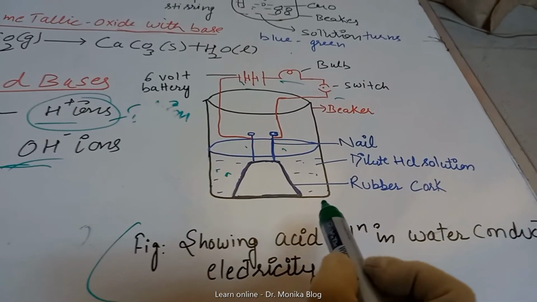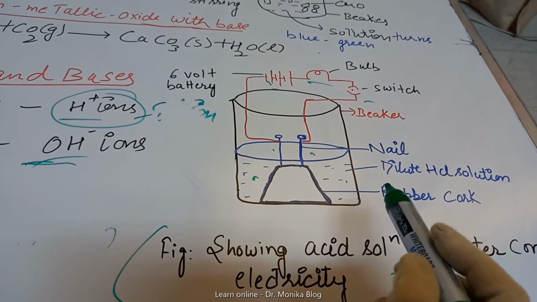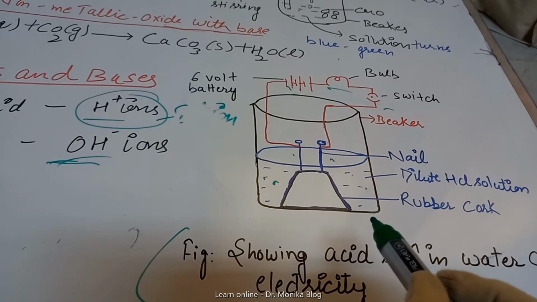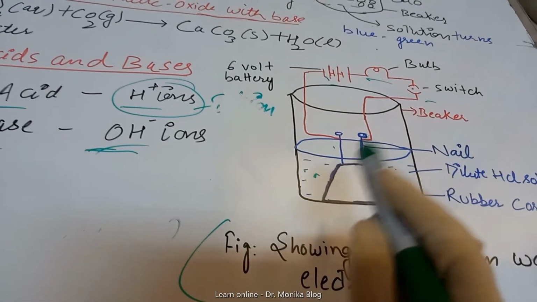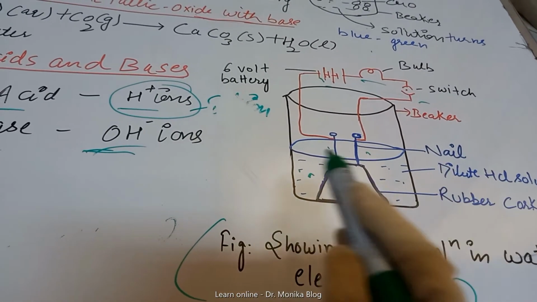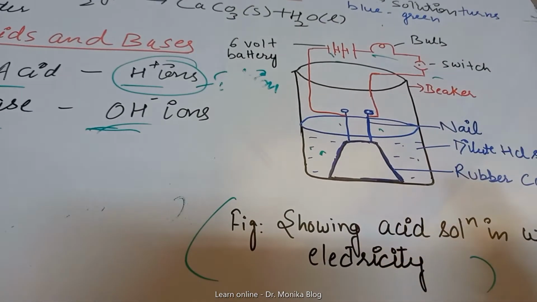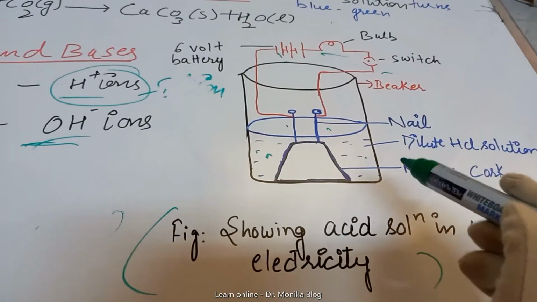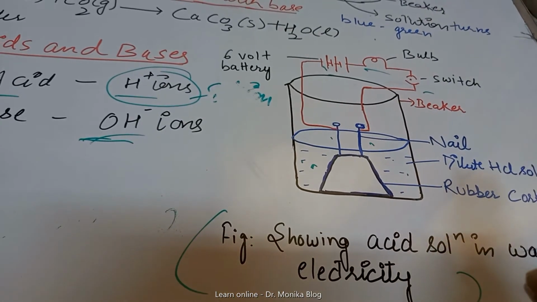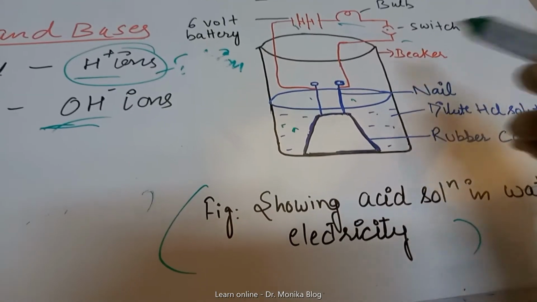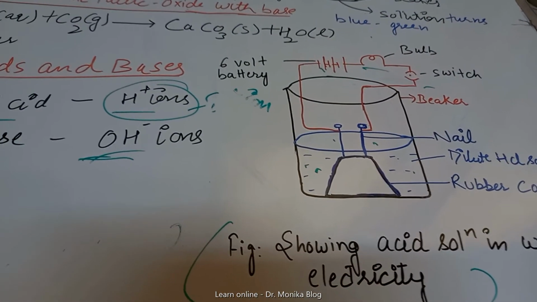We take dilute HCl solution in a 100 ml beaker, connect the nails to the terminals of the 6-volt battery through a bulb and a switch, switch on the current, and observe whether the bulb glows or not.